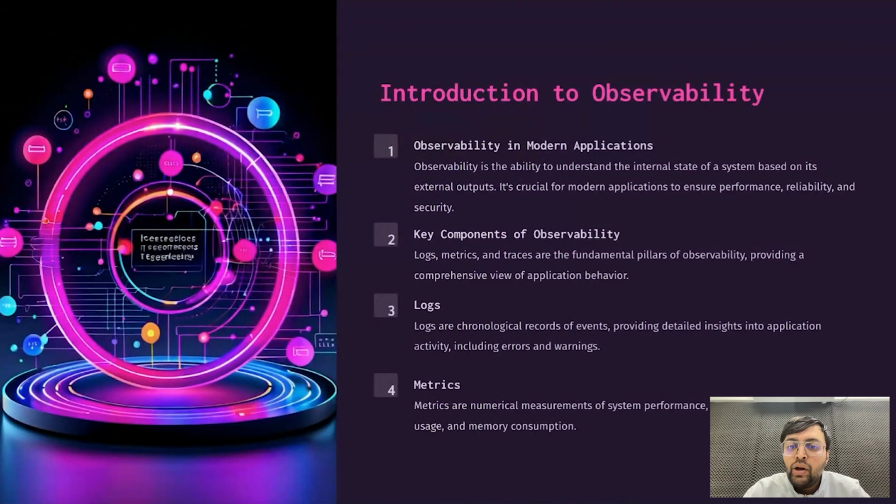Basically, what is observability? Let's start with that. In any application for that matter, all the logs that are running, all the events that are coming in, all the metrics that you're recording all need to be audited in some sort, right?